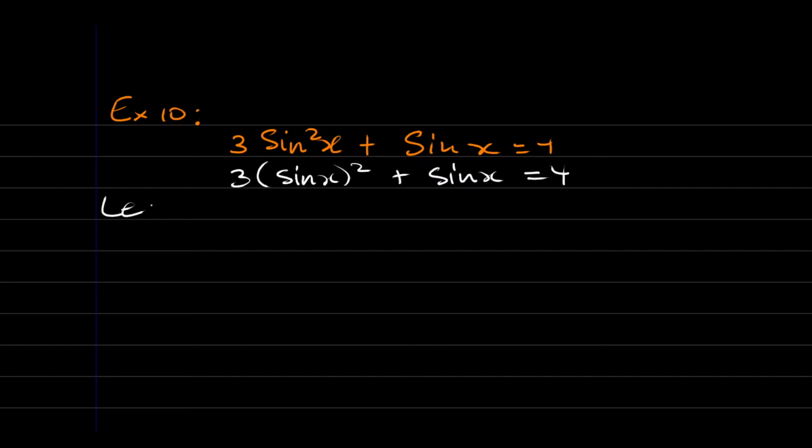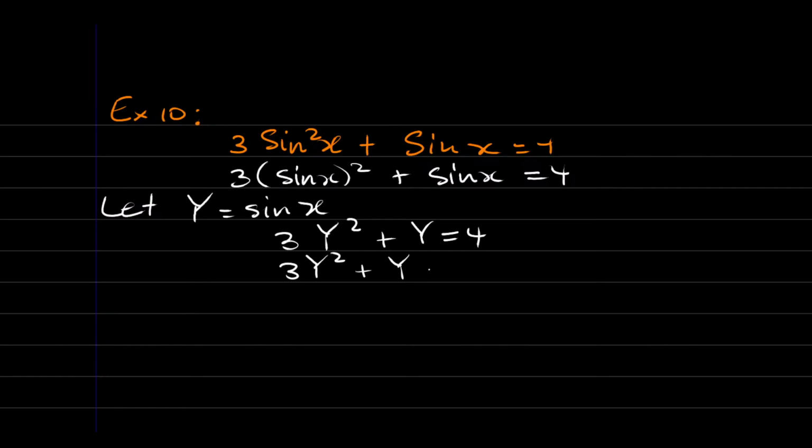And I'll use y if I want: let y equal to sine x, and we'll have 3y squared plus y equal to 4, and I put everything on one side. I get 3y squared plus y minus 4 equals 0.